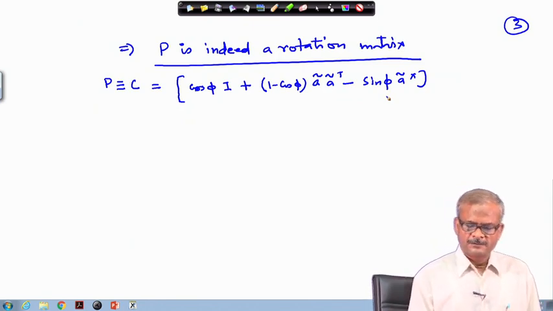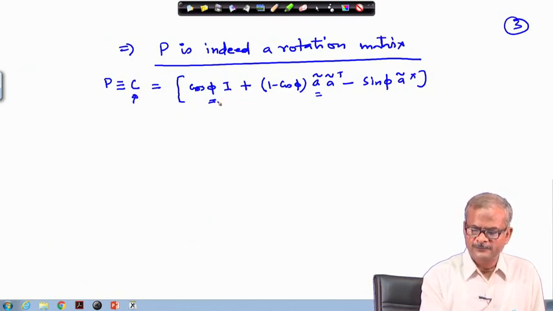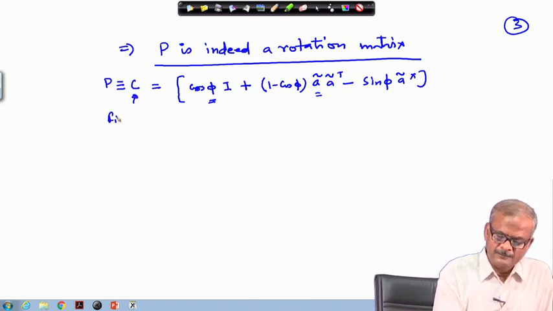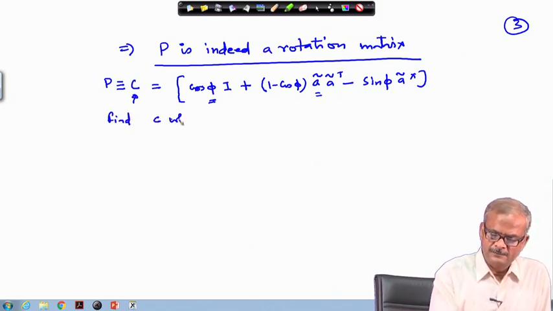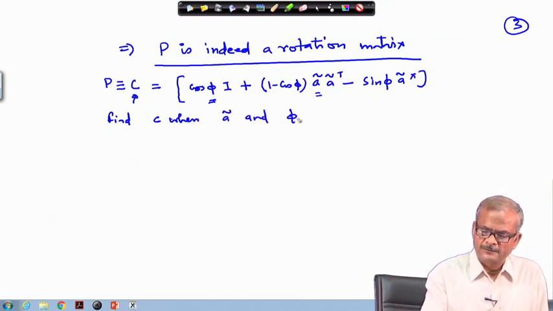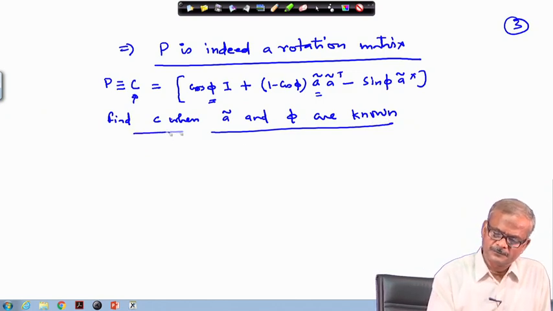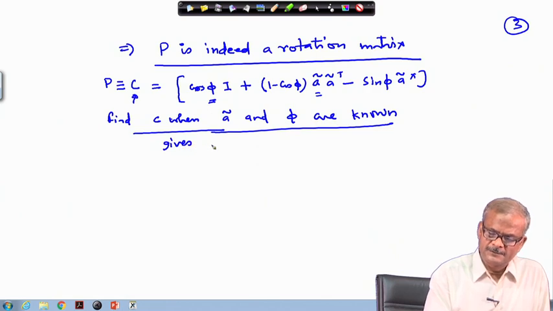Now, the question will arise that either we are given phi and A tilde, so we can find out C, or C is given, and vice versa we have to find out phi and A tilde. So, it so happens that finding C when A tilde and phi are known is a straightforward process.